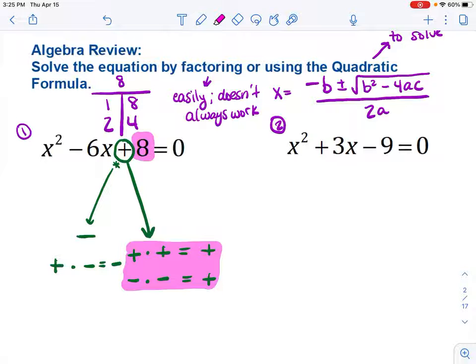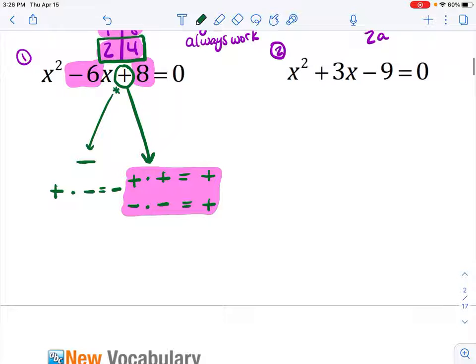Now, from here, we have to choose one of these two pairs that specifically adds to negative 6. So, the pair that will add to negative 6 is actually 2 and 4.